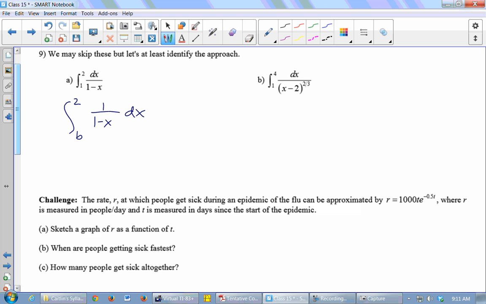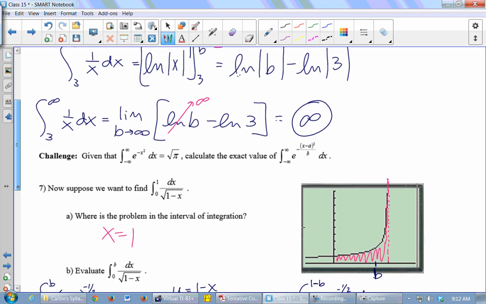And once I have that, I'm going to take the limit as b approaches 1 from which side? Remember left-handed and right-handed limits? Yeah, it's from the right, from the 2 side of 1. I could have put that over here too.